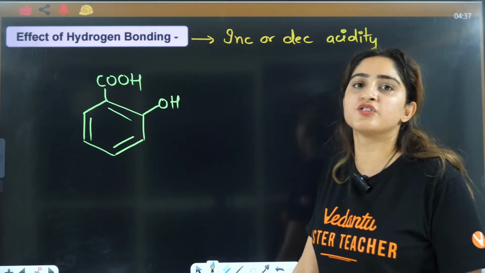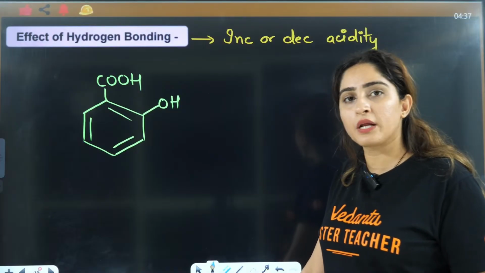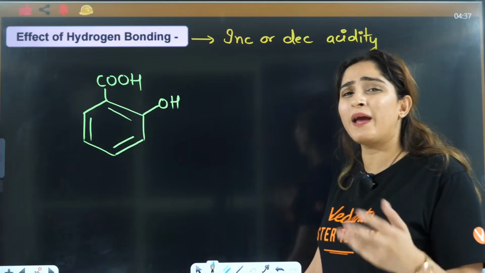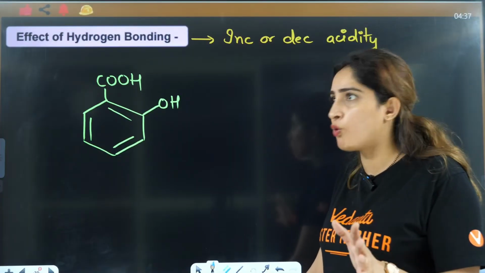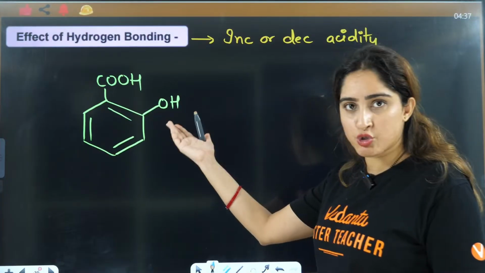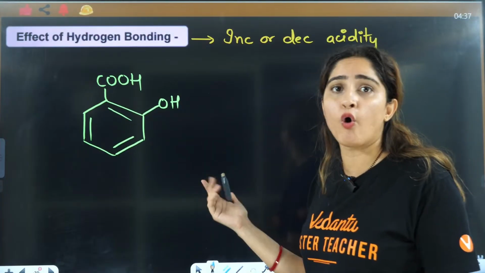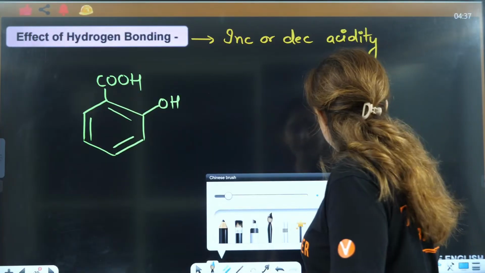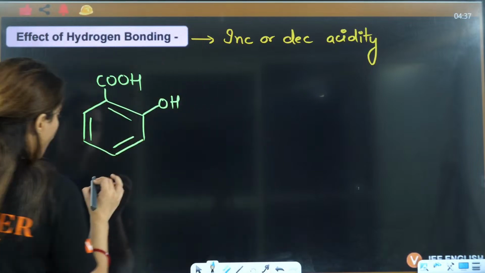This is important in JEE Advanced. Sometimes those students who don't have enough knowledge just know, okay, on ortho group, any group is there, it will show ortho effect. No, it's not like ortho effect will be shown by any group. If you have OH, NH2, Cl, they will not show any ortho effect, right? They are not going to show this effect, right? So here, first thing to remember is there is no ortho effect here.